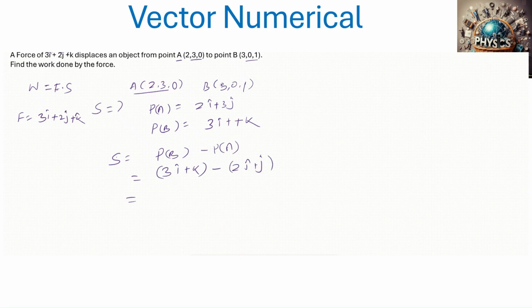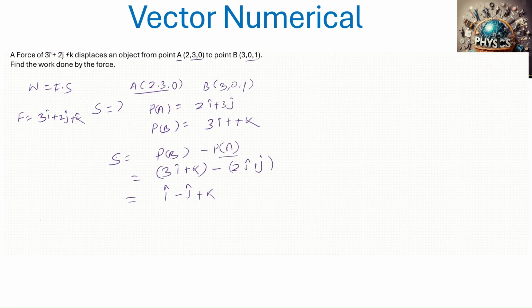And this gives us i minus j plus k. 3 minus 2 is i, and then minus j plus k. So now everything is simple. We found the position vectors, and with respect to them we found the displacement, which is the final position minus the initial position.